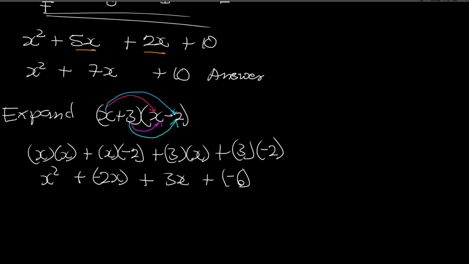We now collect like terms. We get x squared minus 2x plus 3x minus 6. When we simplify this, we get x squared plus x, minus 2x plus 3x will give us x, minus 6. This is the approach to expand the bracket.